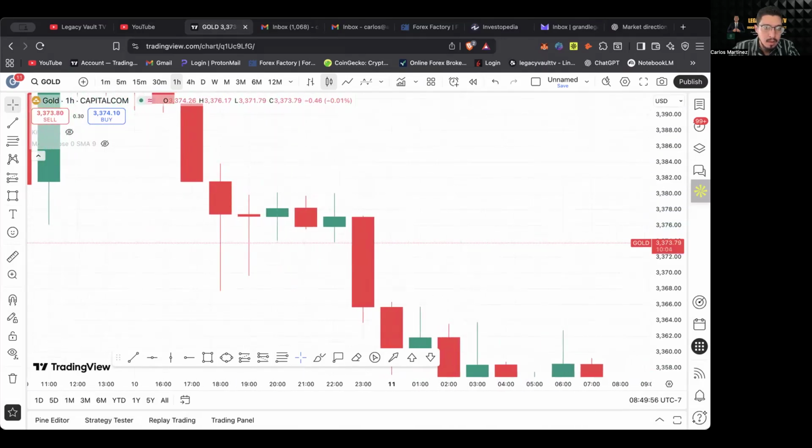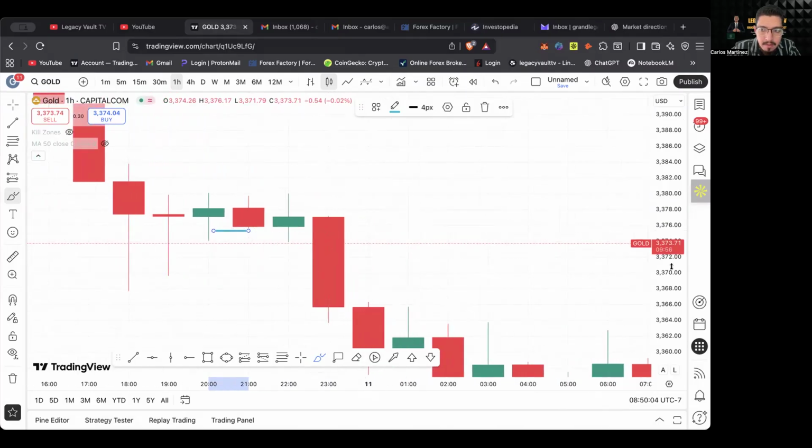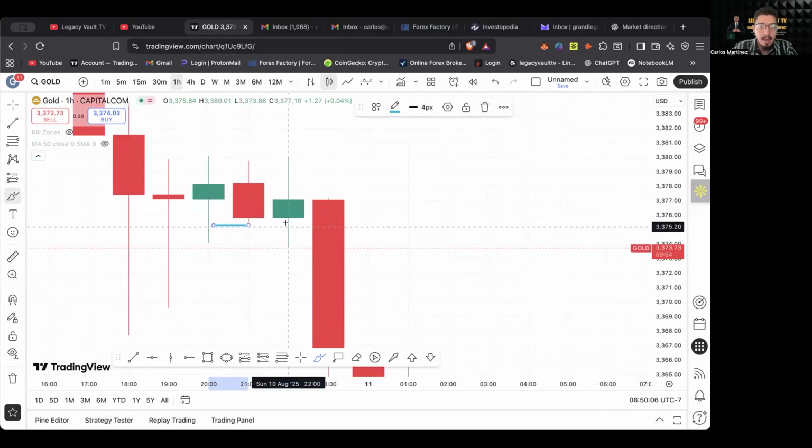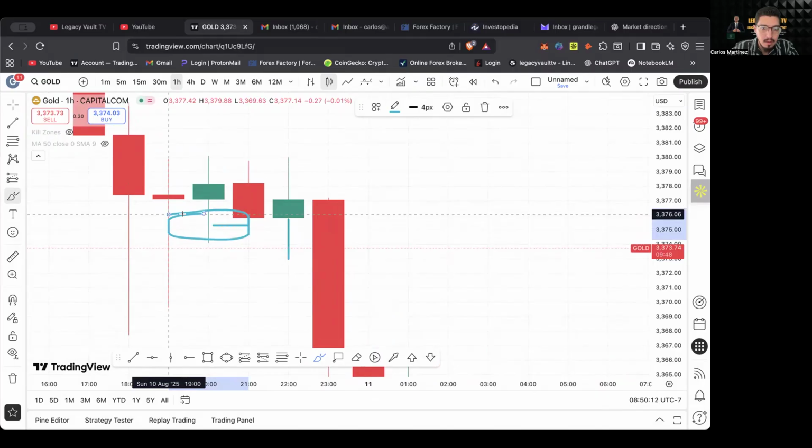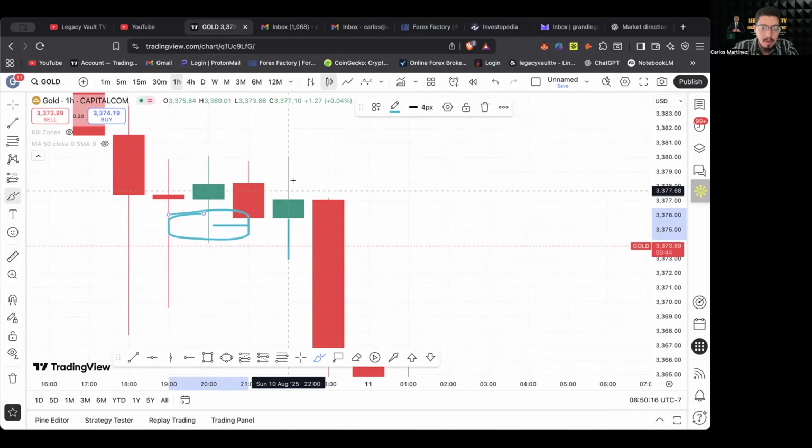You see here, price liquidated here. This was money here. And this candlestick came down to liquidate all these orders. And also up here.